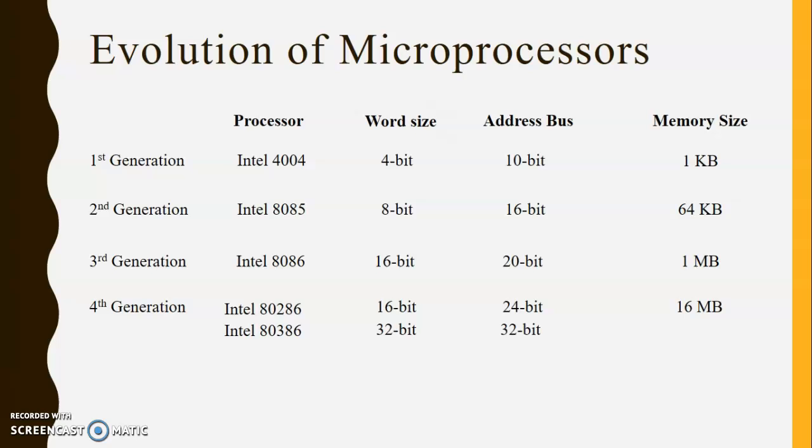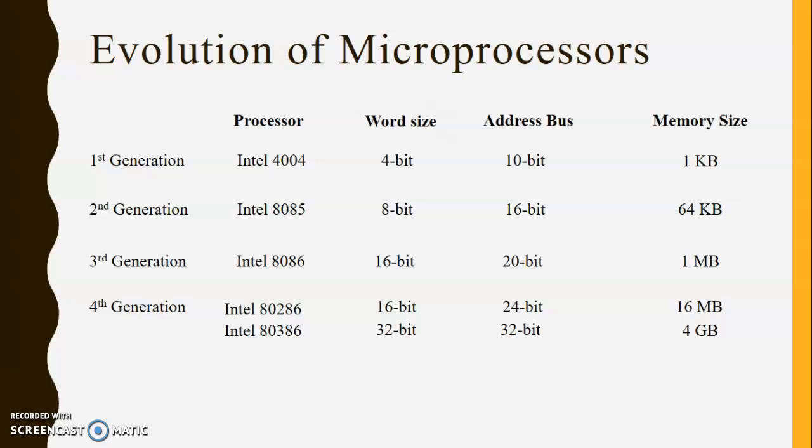Address bus size is 32-bit again, making the total addressable memory size equals to 2 raised to 32. 2 raised to 30 is equal to 1 gigabyte, while 2 raised to 2 is nothing but 4. So the memory size here becomes 1 gigabyte into 4, which is nothing but 4 gigabyte.